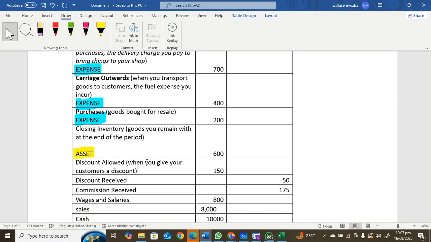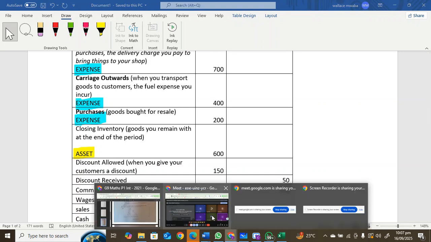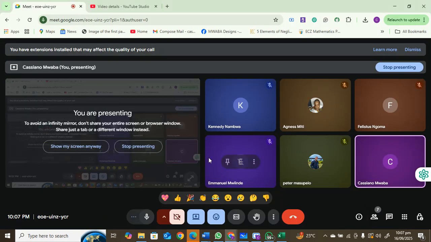So now, colleagues, if you sell one bag of cement to your customer at a discount, it means you're getting less money, right? Is that accurate, colleagues? Mr. Emmanuel, is that accurate? If you sell a good or any item to somebody at a discount, it means you're receiving less money, right?